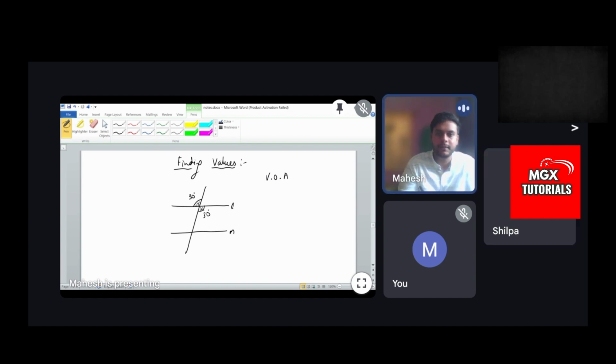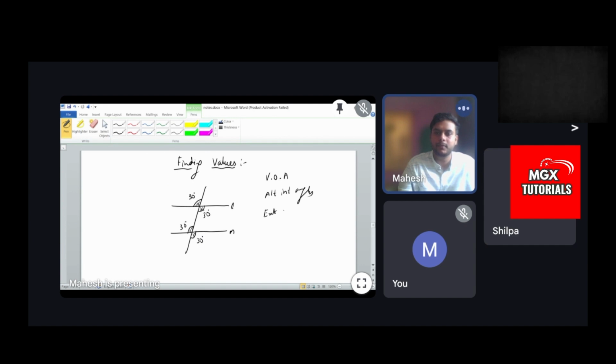Now if this is 30 degrees, can I take this as 30 degrees? Why? This and this, what will happen? Correct, alternate interior angles. Do you remember? And if this is 30 degrees, this will be equal to this and this. What will happen? Very good, exterior alternate angles.